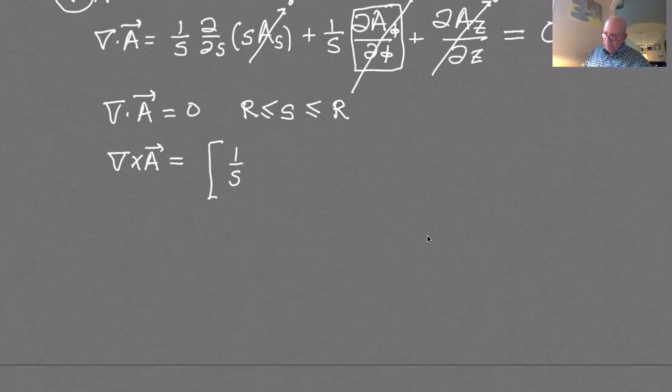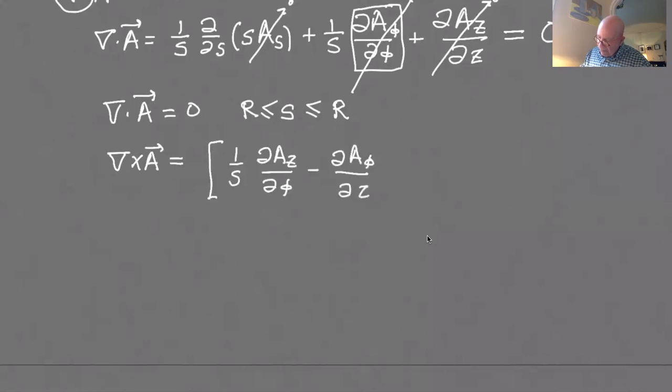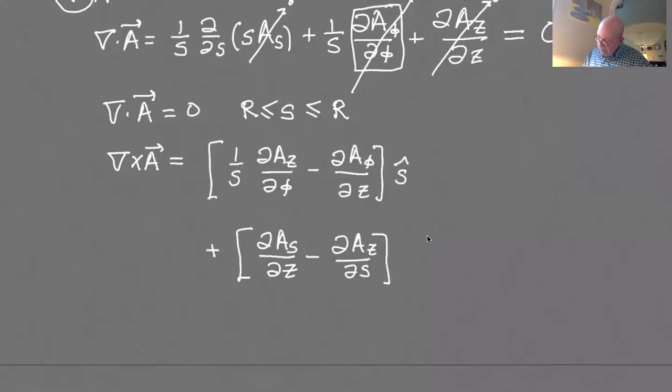But so this is going to be 1 over S, the change in A Z with respect to phi, minus the change in A phi with respect to Z, and that's going to be the S caret direction. So it'll be plus the change in A S with respect to Z minus the change in A Z with respect to S, and that's in the phi caret direction.